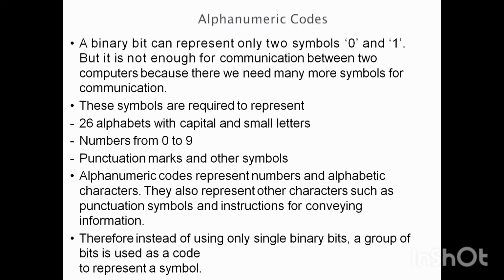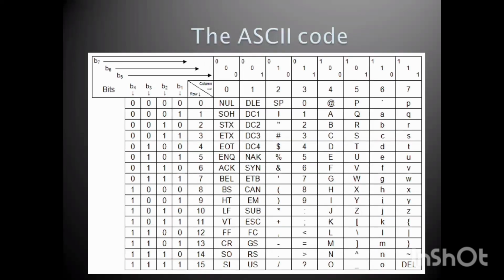In future we could study parity generators and checkers for this parity bit. ASCII is a table consisting of rows and columns. The rows start from 0000 and end with 1111, and the columns start from 000 and end with 111. The table has the reference for every key on the keyboard.